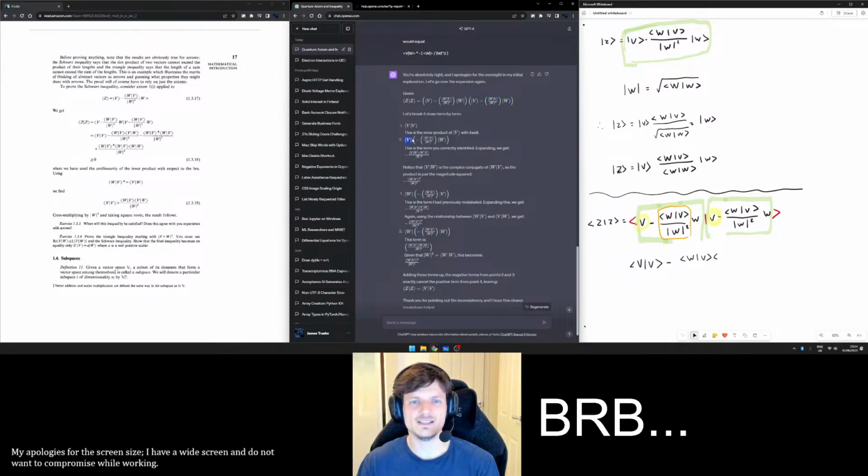So v times this. This is the term you correctly identified. Expanding, we get negative, because we're doing it v with that, so we're going to have a negative, but it's multiplying it, so we're multiplying wv, the inner product, by v.